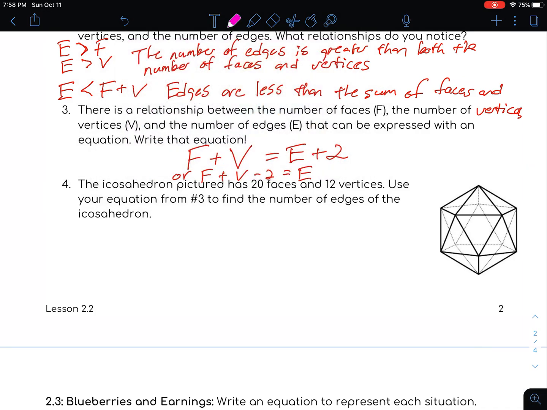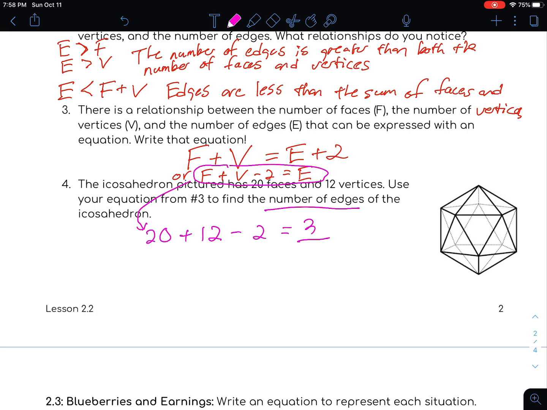Okay, well, which one would be the easier one to use here? If we're calculating the number of edges, maybe we want to use this one then. Because we can say, okay, if it has 20 faces plus 12 vertices minus 2, that equals the number of edges.